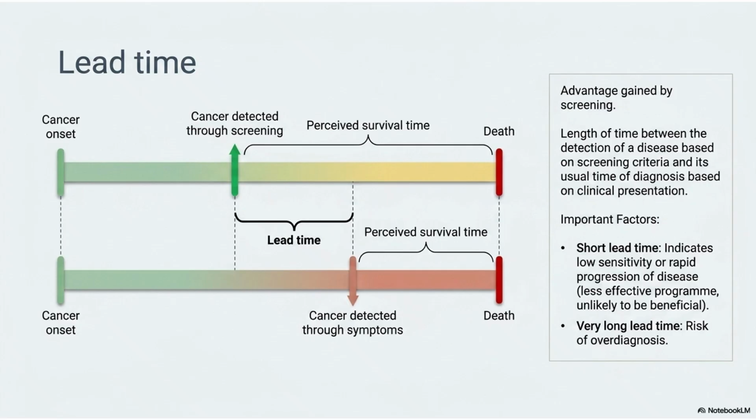From that time till death is known as the perceived survival time, but the perceived survival time is increased because of the screening technique. If screening is not there, perceived survival time will be less, and with the help of screening, it is increased. So here we are gaining certain time.